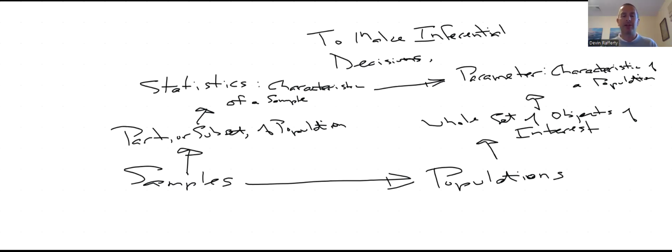The parameters are characteristics of populations. That's what we're going to do in this class. And the whole point of getting those statistics to estimate the parameters is to make decisions about populations.